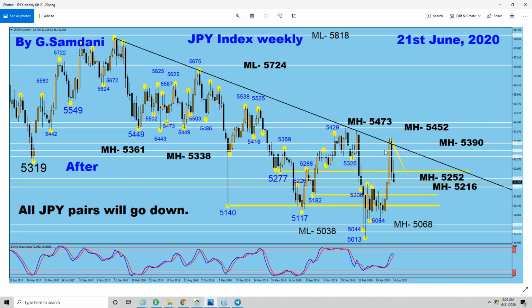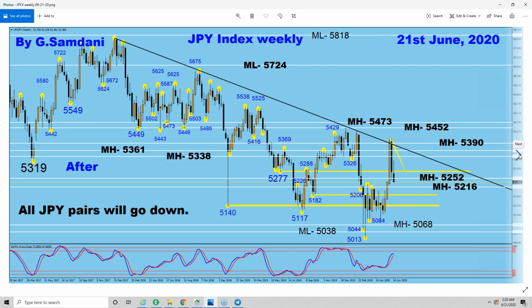So when the yen index is dropping, yen is getting strong, and yen is always on the right-hand side in all the pairs, they all go down when yen gets strong. You can go and check from the 8th till the 20th, the Friday, all yen pairs went down badly. I mean, badly. You could have made a lot of money from that.